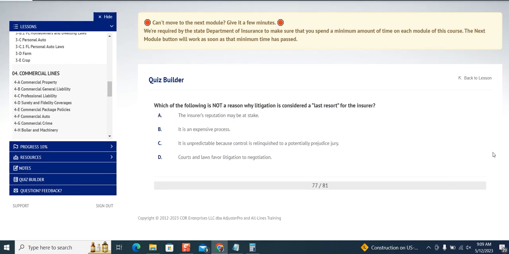Which of the following is not a reason why litigation is considered a last resort for the insurer? Which of the following is not a reason why litigation is considered the last resort?